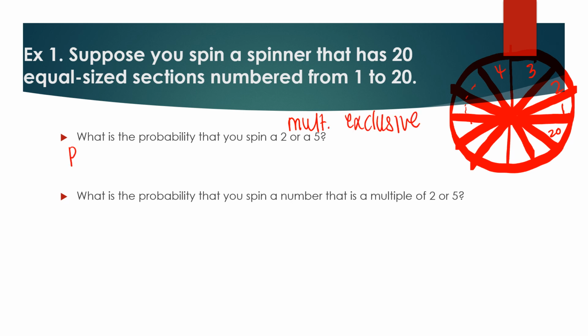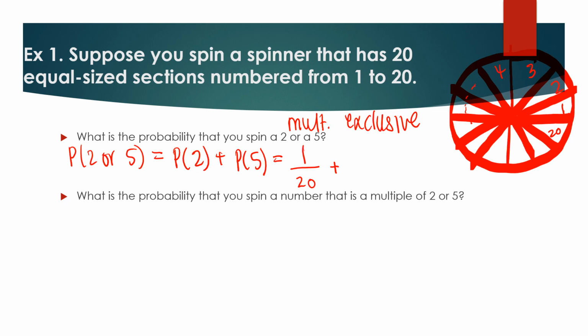And so therefore probability of 2 or 5 is just going to be probability of 2 plus probability of 5. So probability of 2, we only have 1, 2, so that's going to go on the top. And in total we have 20 different spaces we could land on. Plus probability of 5, oops, the top should be a 1 because we only have 1, 2.